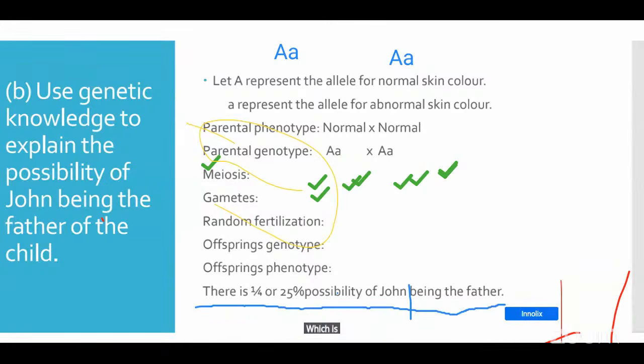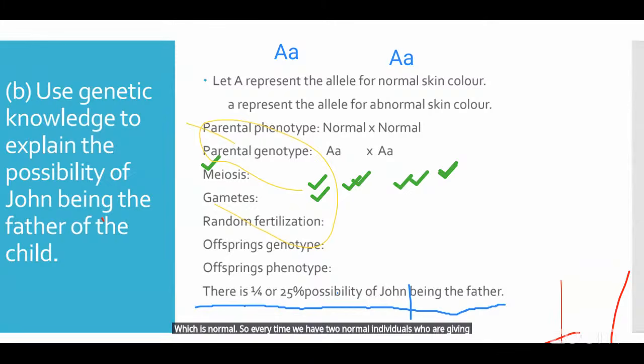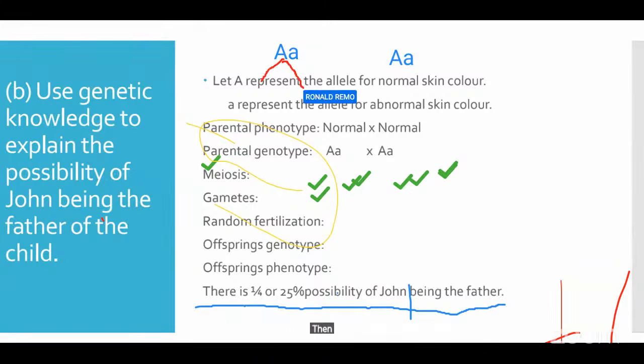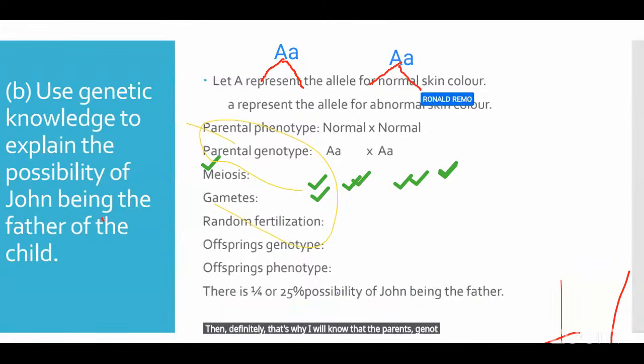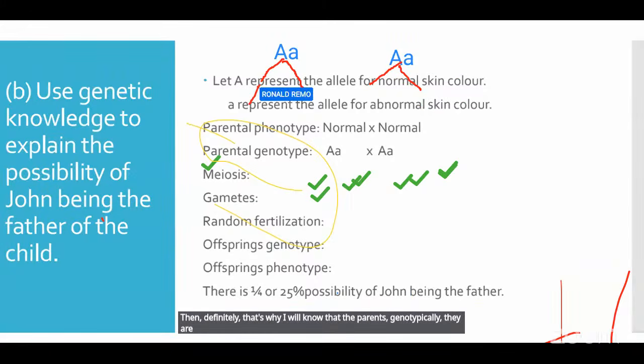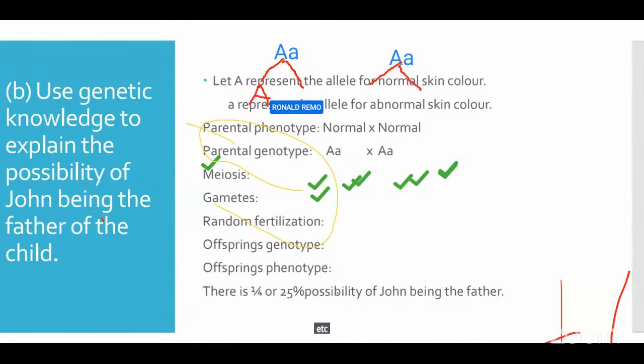So every time we have two normal individuals who are giving a child with a recessive characteristic, then definitely that's where we know that the parents genotypically they are heterozygous or carriers.